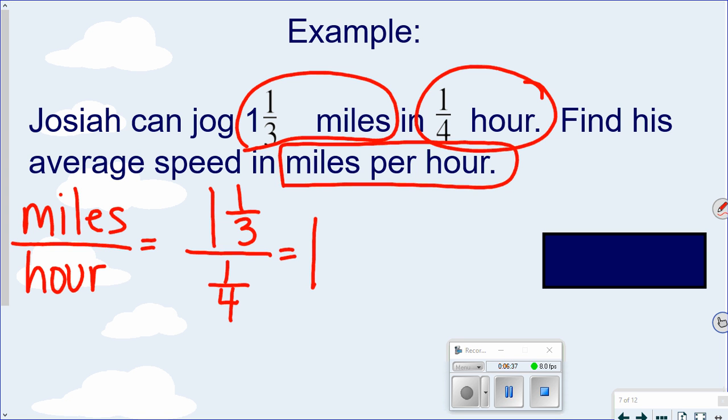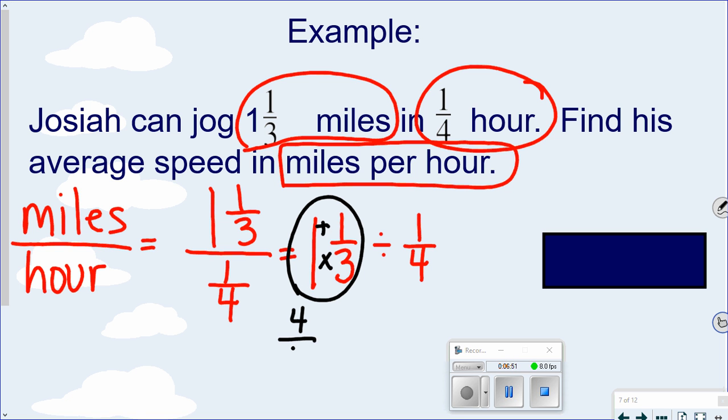I'm going to write this out. 1 1/3 divided by 1/4. Here I have a mixed number. I want to make it an improper fraction. So now I have 4 over 3. I want to change this to multiplication, and I want to flip this to the reciprocal of 4 over 1. So now when I solve this problem, I have 4 times 4, which is 16.